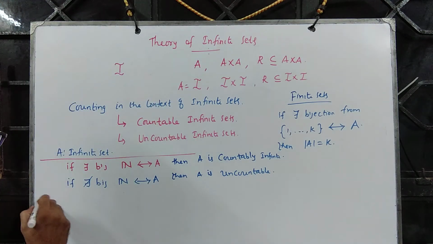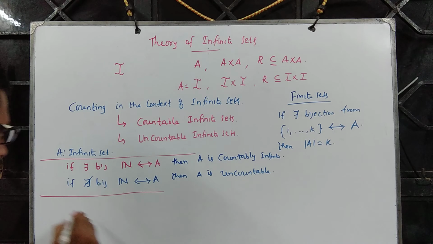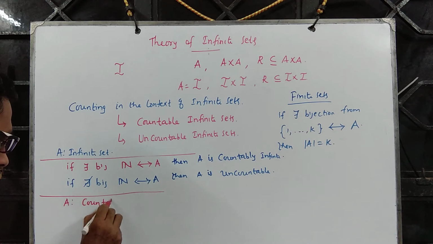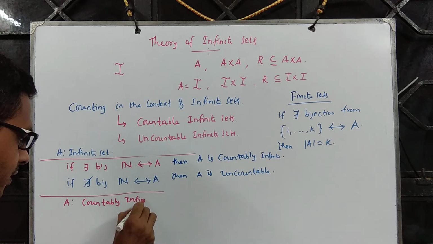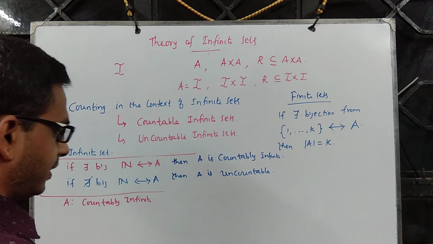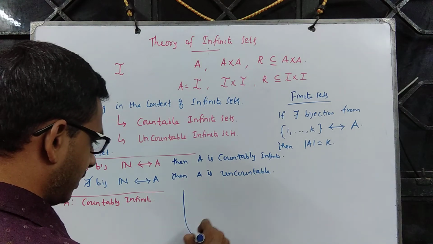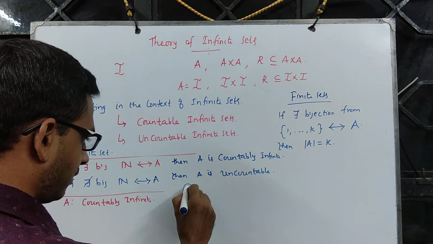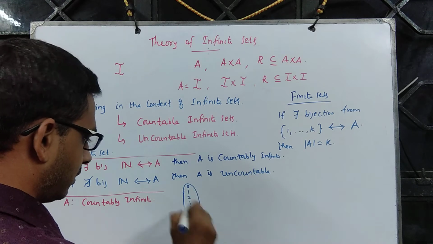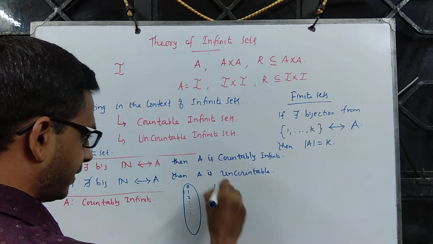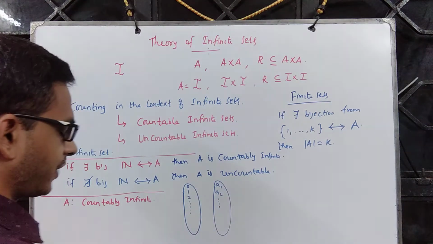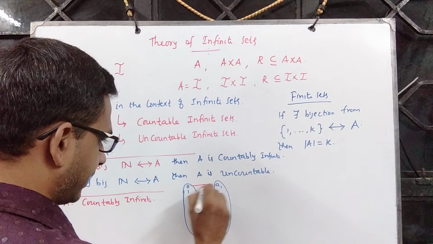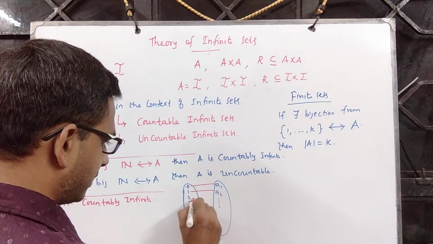What is this telling us? Suppose you say a set is countably infinite, what advantage are we getting? Then you see that there is a bijection from the set of natural numbers to the set. You get to see that 0 is mapped to this and so on.